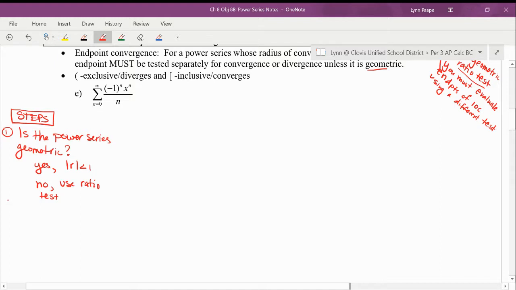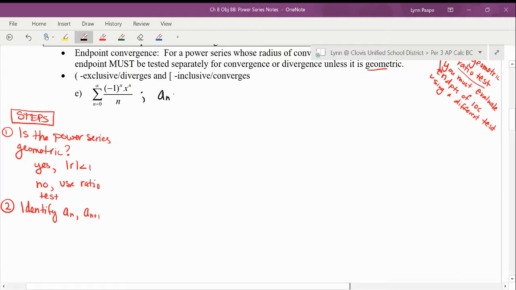So in this particular case, here is our ratio test. The first thing we're going to do for our ratio test is identify a sub n and a sub n plus 1, just like we did when we first did it. So we're going to identify our nth term and our nth plus 1 term. If you need to, go back and review those ideas.